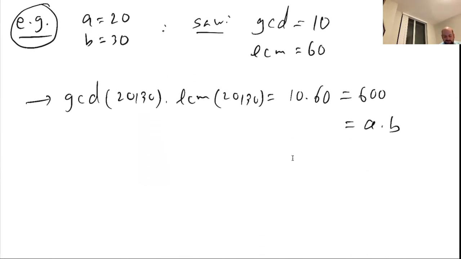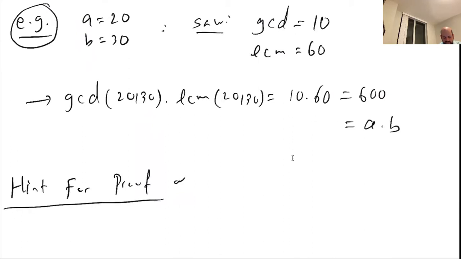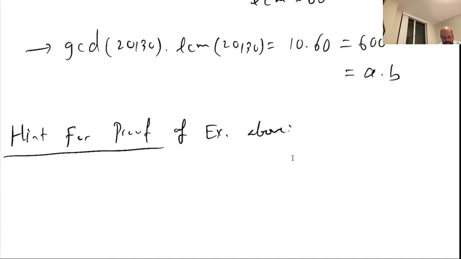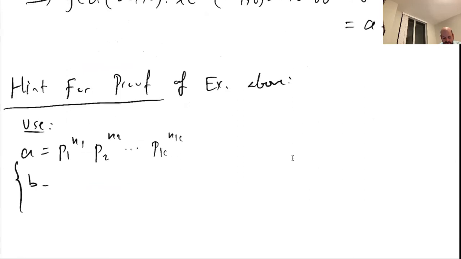So let me write a hint for the proof of the example above. We have A equals P1 to the power N1, P2 to the power N2, ..., Pk to the power Nk, and for B we had P1 to the power M1, ..., Pk to the power Mk.